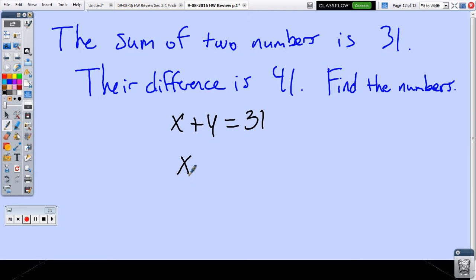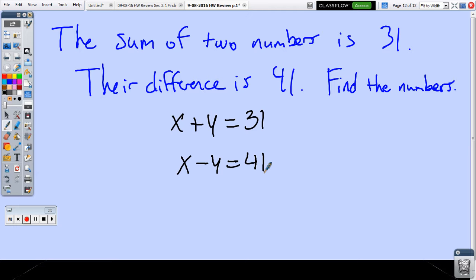Everything's correct. What does difference mean? Subtract. It says their difference is 41, yeah.